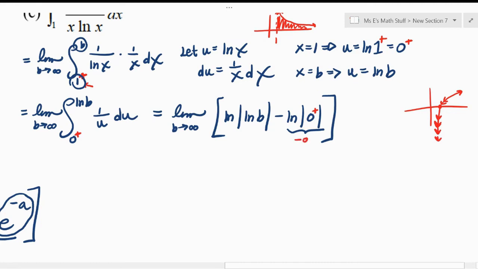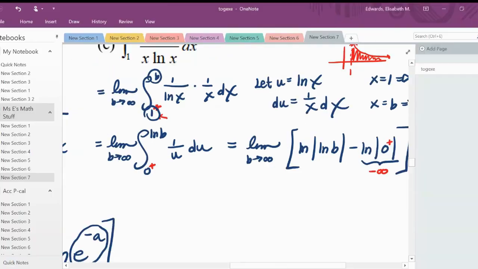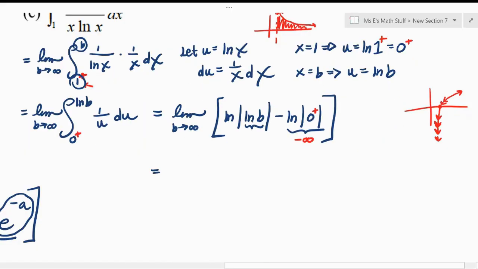We'd actually get negative infinity for that part. So as b approaches infinity, this part approaches infinity, and the natural log of infinity is infinity. And then you're subtracting negative infinity. And so you'd end up with infinity plus another infinity, which is infinity.